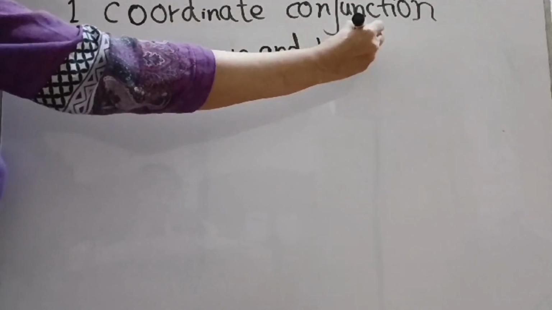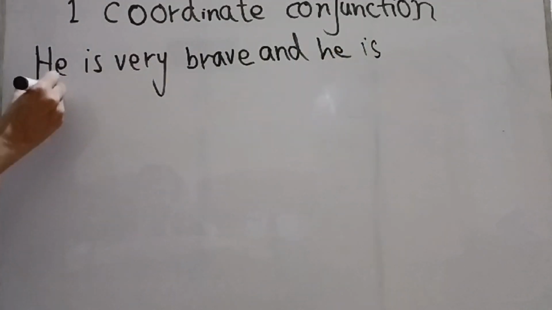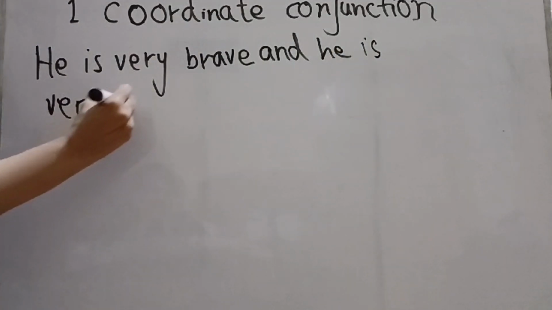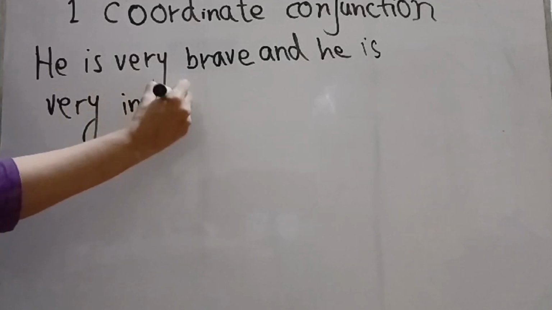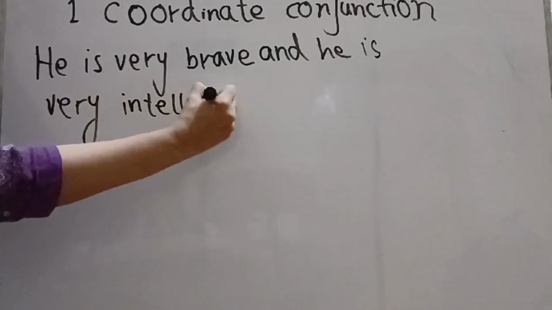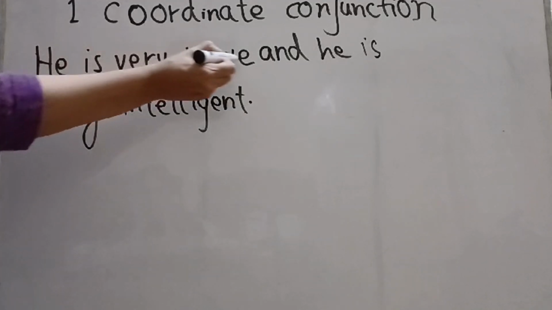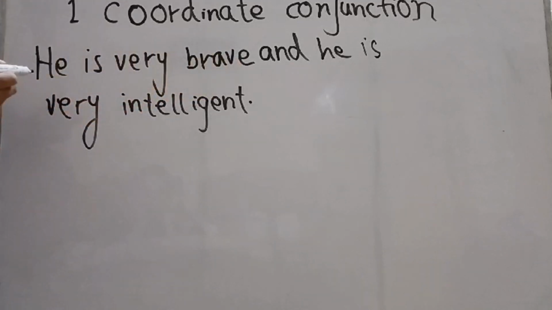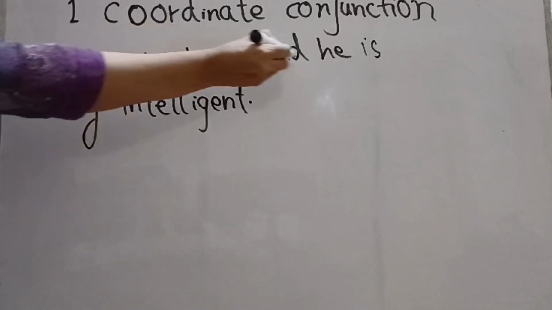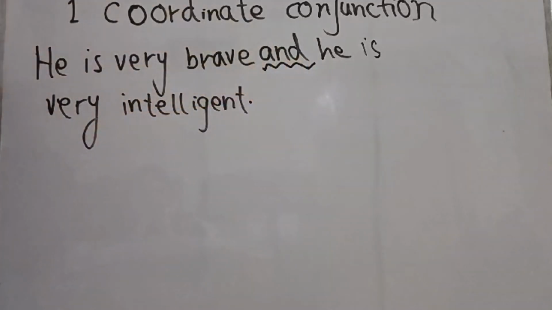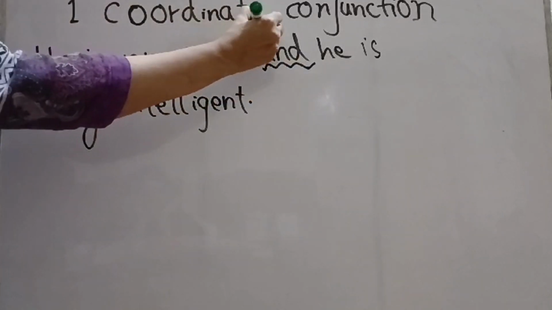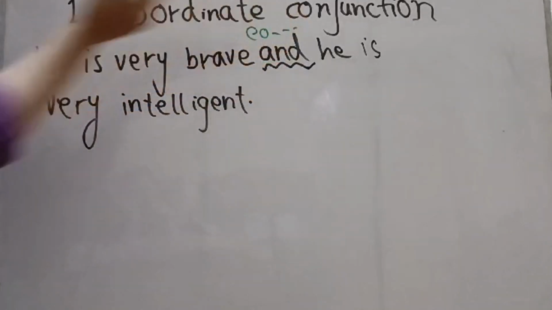He is very brave, and he is very intelligent. When two independent clauses join together, "He is very brave" is one independent clause, and "and" is called the coordinate conjunction.